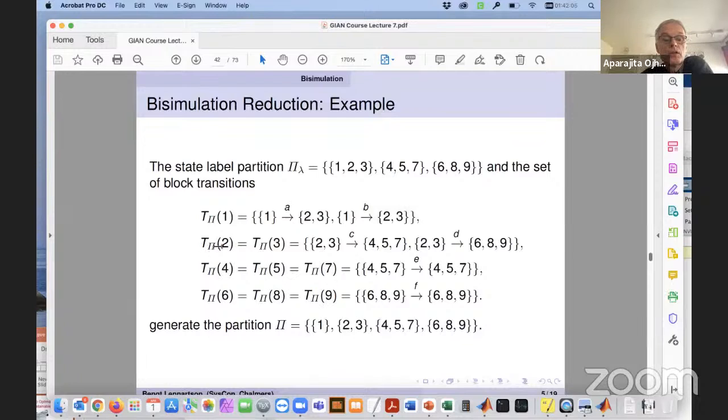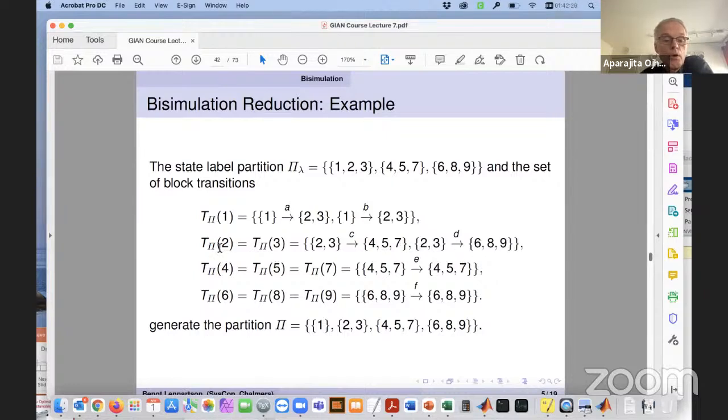And then the question, why can we also join 2 and 3? Well, because they also have the same block transition. Actually here we have a set of block transitions. One with 2,3 via C to 4, 5, 7, and one with 2,3 with a D to 6, 8, 9.